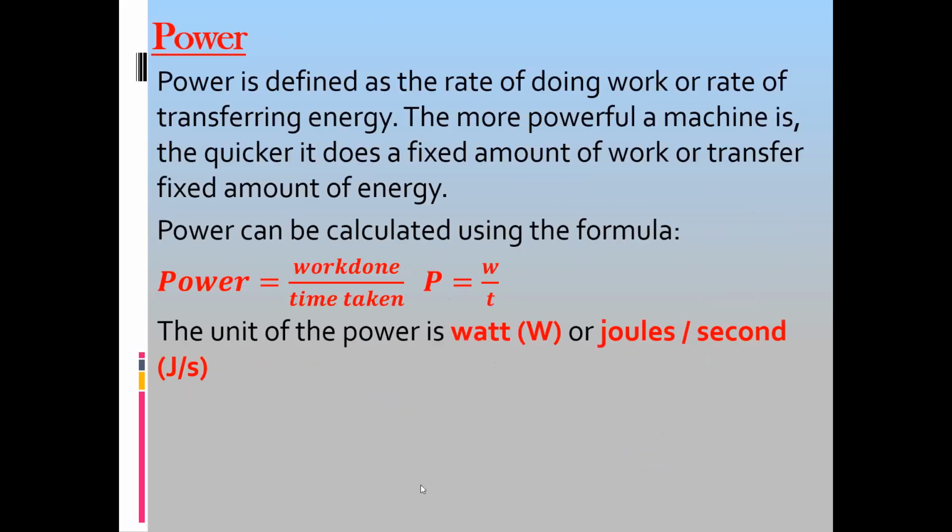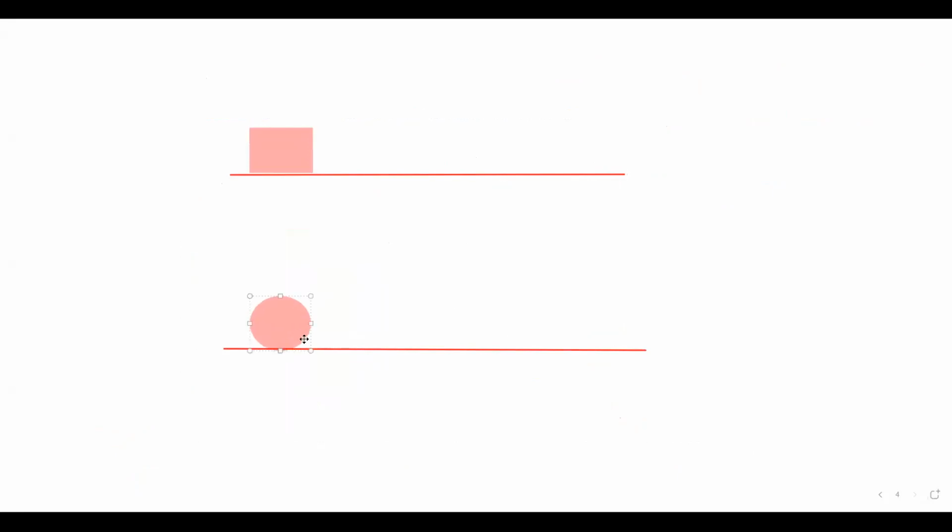Then the relation between power and time. Like there are two students moving different objects which have different frictions, but both are applying the same force of 5 Newton.